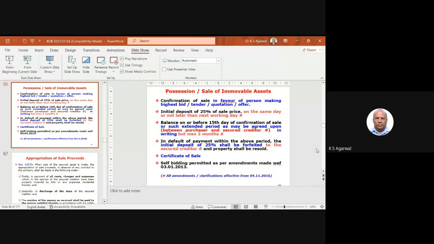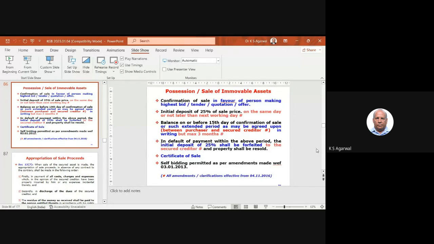or such extended period as may be agreed upon between, earlier it was between parties in writing, only this much was there. So parties means the owner of the property, he also said that you need my consent.